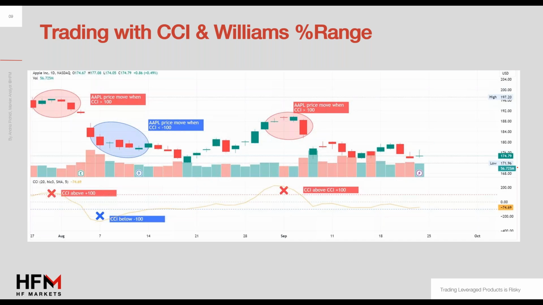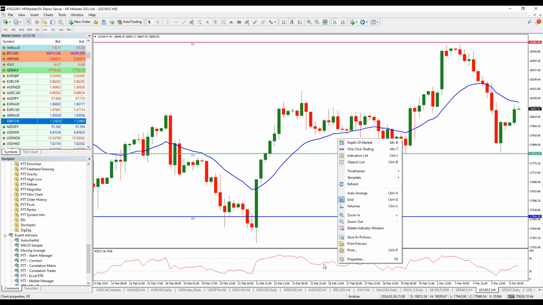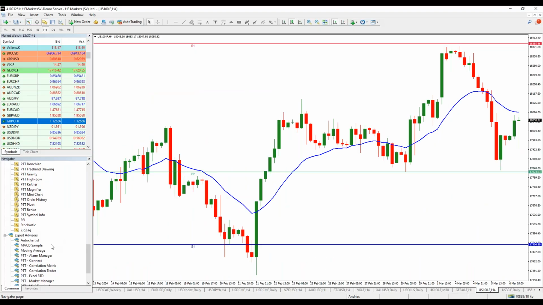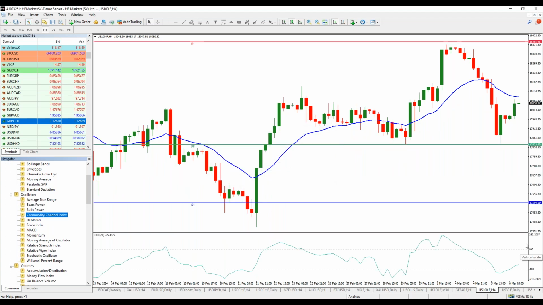Okay, I have a question on how we could set the CCI. It's actually straightforward. Let me just show you how. Here we are under oscillators, drag and drop it. You are getting by default, as you can see, the minus 100 and 100.